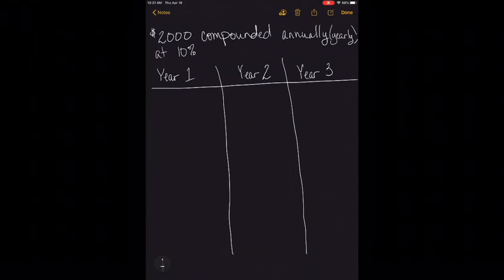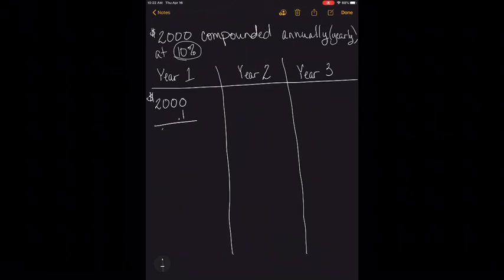The question says, if she does not withdraw any money from the account, how much money will be in the account after 1 year, after 2 years, and after three years? Okay, so the fact that it's compounded annually means that at the end of 1 year, she'll have $2,000 plus whatever she earned in interest. So first we have to discover how much she earns in interest.